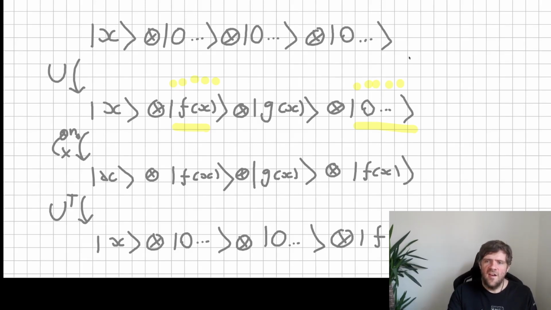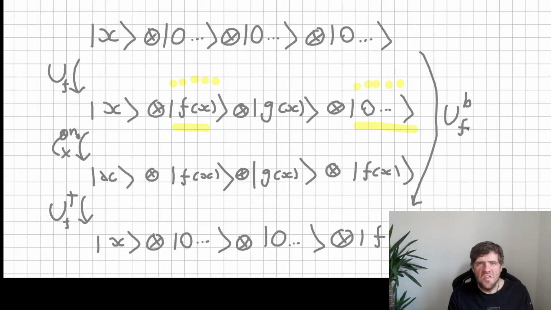And then the entire effect of this is to do the Boolean oracle that we wanted to do if we just rejig the registers.